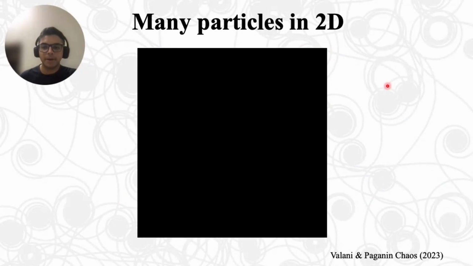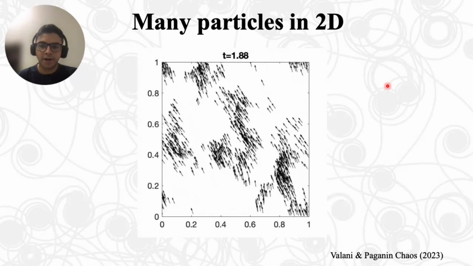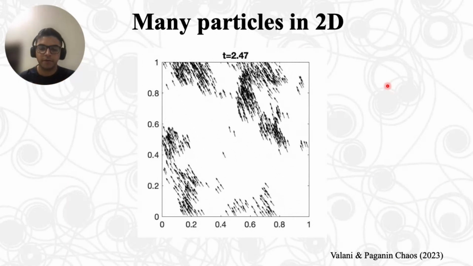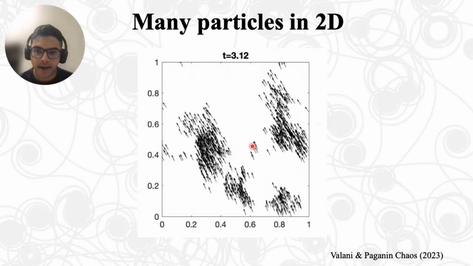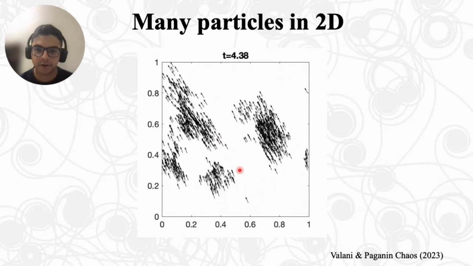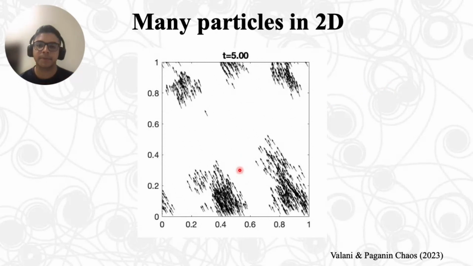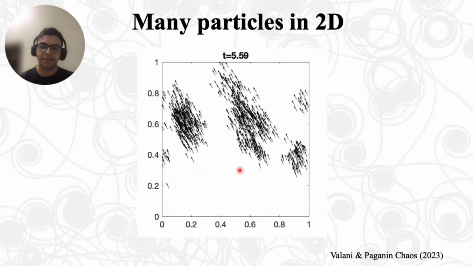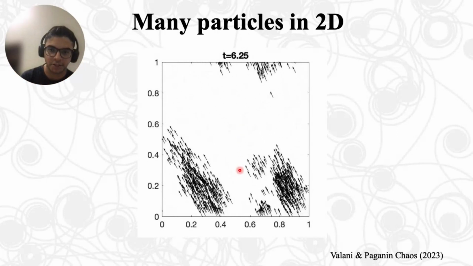All right, so if we implement these interactions and simulate our particles, then what we find is that initially everything is dominated by the aligning interaction of neighbors, and you get coherent flocking. This is because the phase space trajectory has not yet settled on the strange attractor.